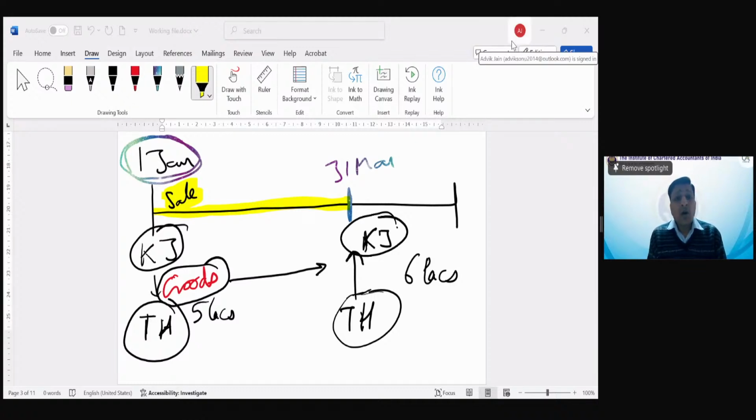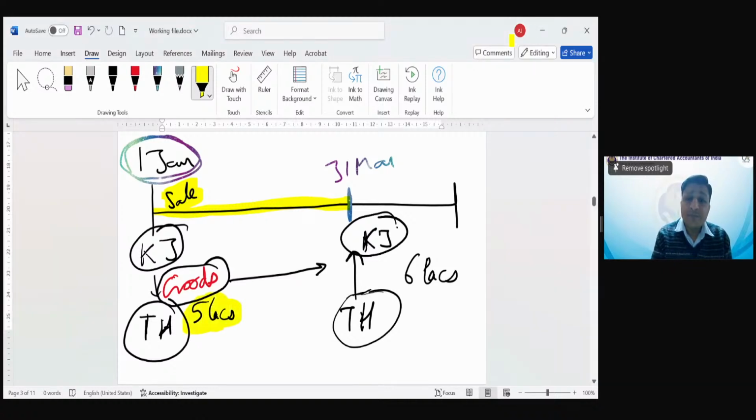Now let's try to understand what it is that they have been trying to do. It appears that KJ was in need of some funds. So what did KJ do? KJ sold these goods, or you can say transferred. Actually, it's not a sale. KJ transferred these goods to TH as a security, and took a loan of 5 lakhs.